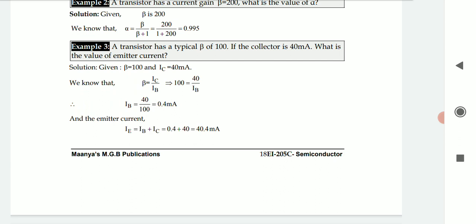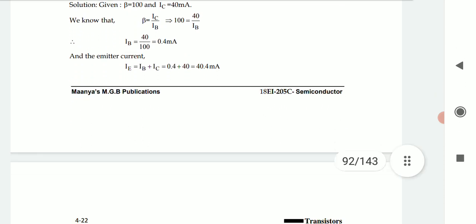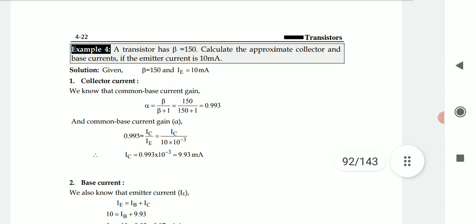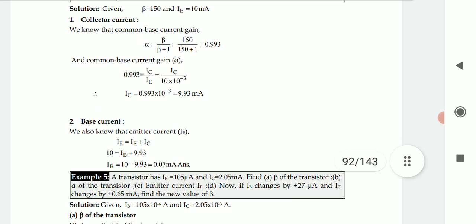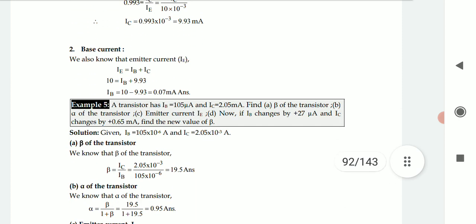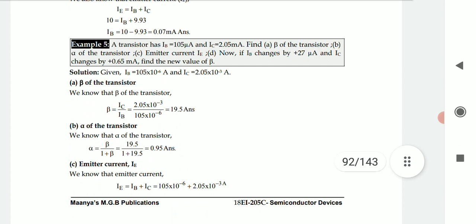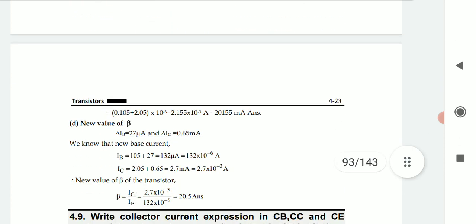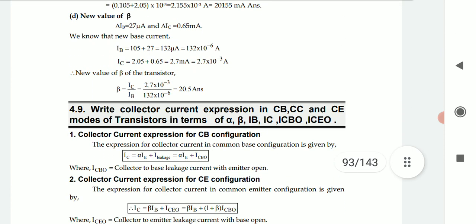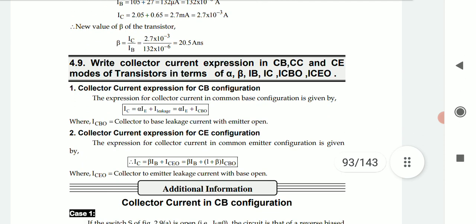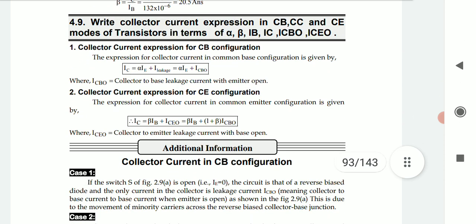From the beta value, beta is equal to IC by IB. Since IC and beta values are known, you can find the IB value. These kinds of problems you may get in the examination. These are very, very simple problems. The only thing is, we need to remember the alpha, beta and gamma equations.